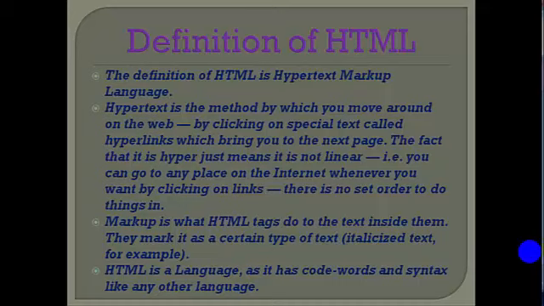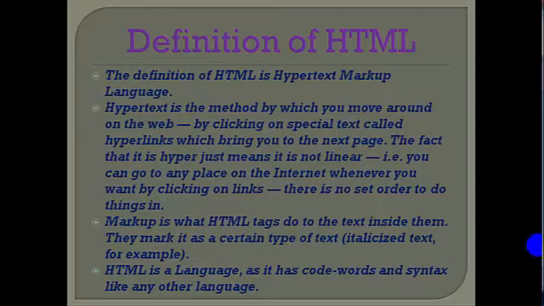The fact that it is hyper just means it is not linear, that is, you can go to any place on the internet whenever you want by clicking on links. There is no set order to do things in.